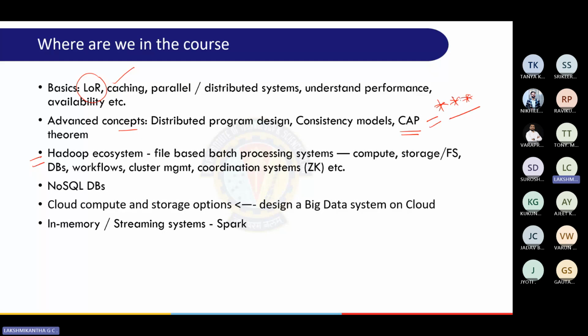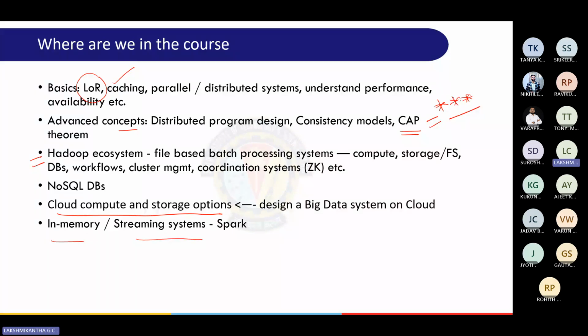So now, guys, we are here. We are talking about cloud compute and storage options. Our goal is to use everything we have learned to design a robust, scalable big data system on the cloud. And finally, we will conclude with the in-memory streaming system, that is Spark, in the session following.